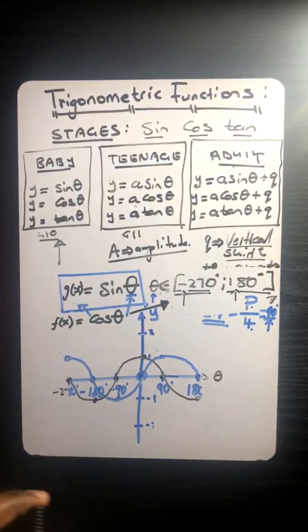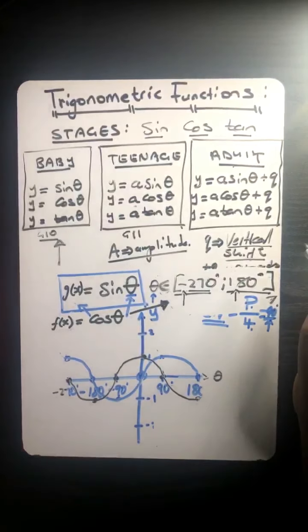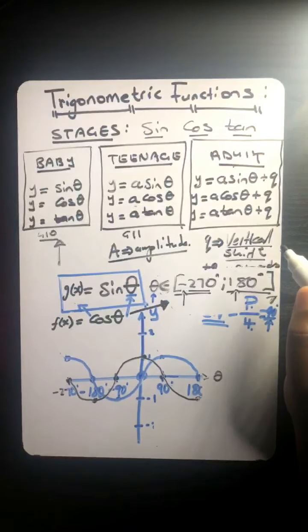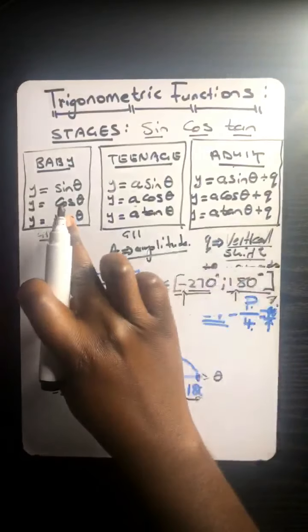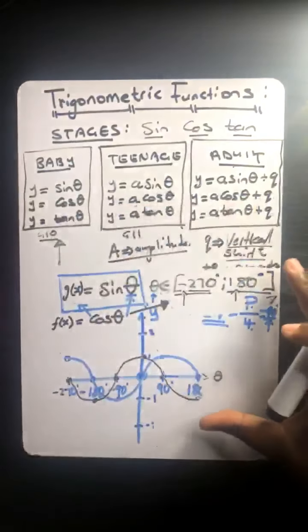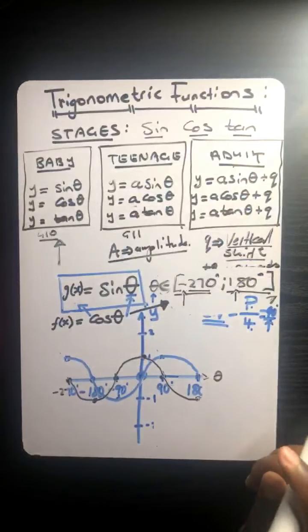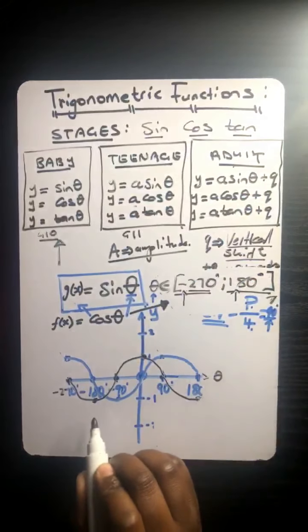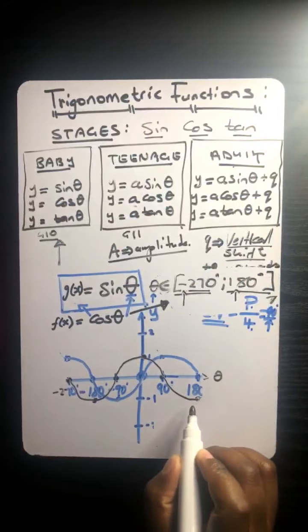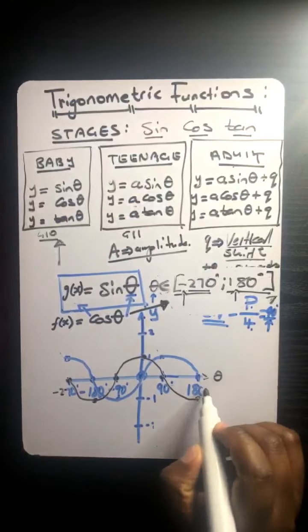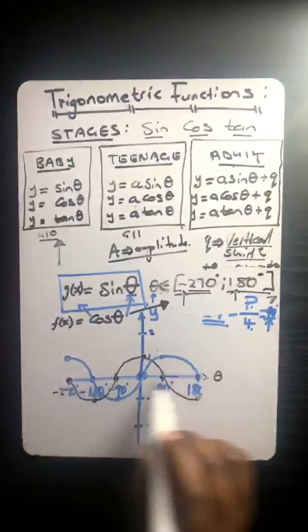Remember, Kabelo, let me say for now, nothing is for grade 10, 11 or 12. All that I'm saying is what you must know. For example, if you're in grade 11 and they say sketch this function, this is how you sketch it.